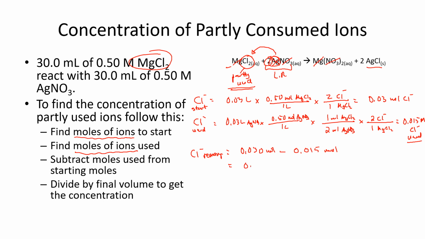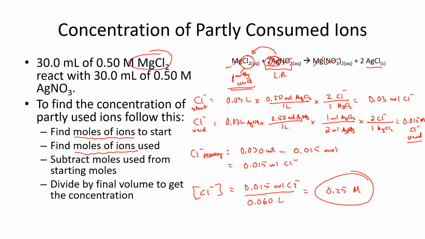And since that's half, we're going to end up with 0.015 moles of chlorine ions remaining. And then the concentration of chlorine ions, a little square bracket is used to indicate the concentration in moles per liter. So we'll take the 0.015 moles of chlorine ions, and we're going to divide that by the new volume, which was 60 milliliters, or 0.06 liters. And so when we do that, divided by 0.06 is 0.25 moles per liter. Yay, we did it.